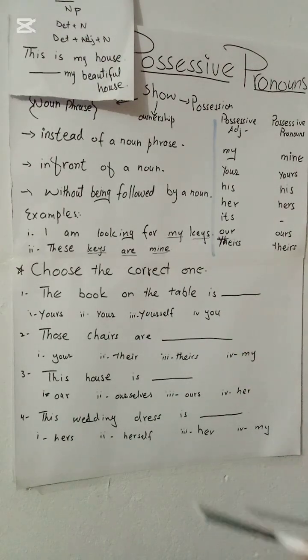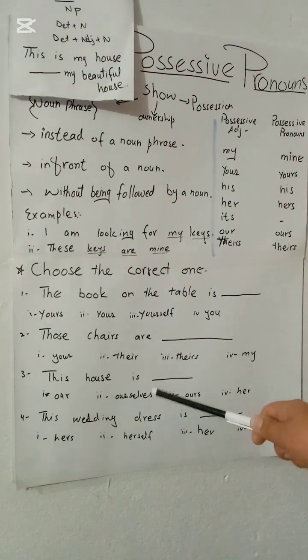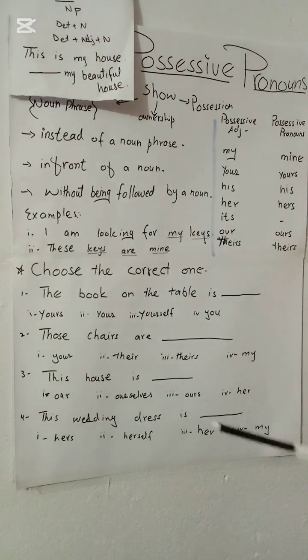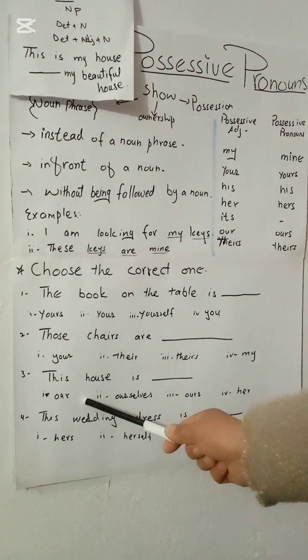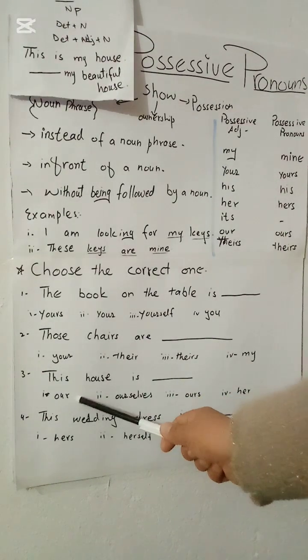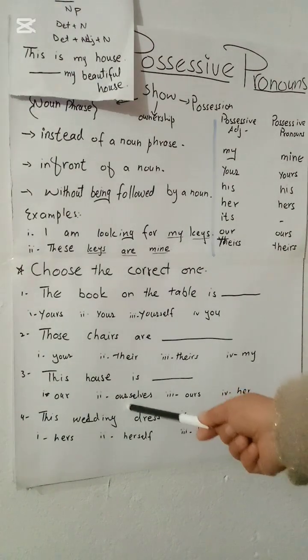The next example is, this house is dash. Our, ourselves, ours, her. Now you can easily find where we have a possessive pronoun. We discussed this: our is a possessive adjective, her is a personal pronoun, and ourselves is intensive.